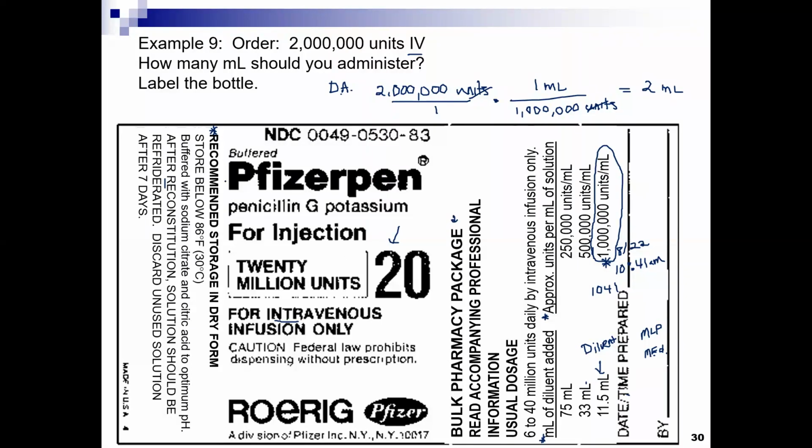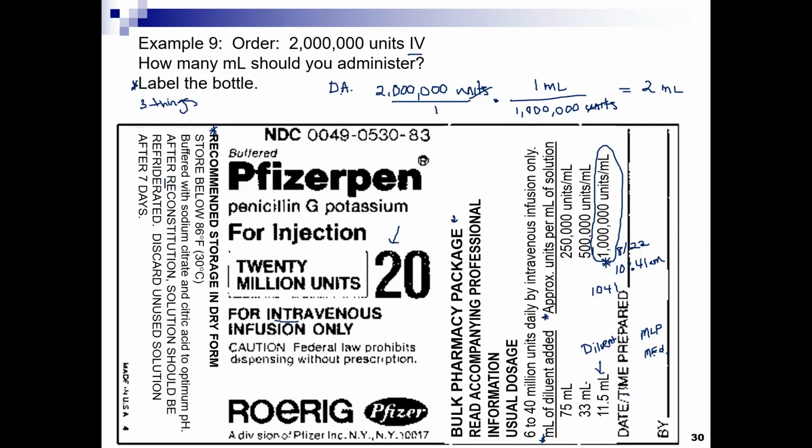So when we're told here to label the bottle, we had to get 3 key things. Those 3 things are that we had to circle the strength, which we did. We had to put time and date, which we did. And we had to put our signature and our credentials, which we did.